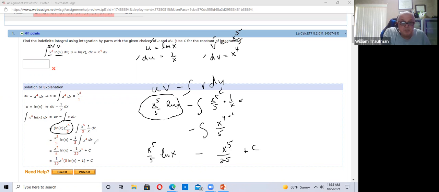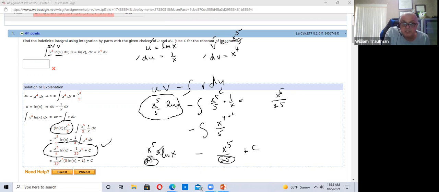And if you look, if you type in this answer, or if you give me this answer for the show your work, we're done. They take it a little farther. If you look at this, they factor out a 25. In order to factor out a 25 here, they have to put a 5 here, multiply that by 5, so they multiply this by 5, and they factor out an x^5 over 25.